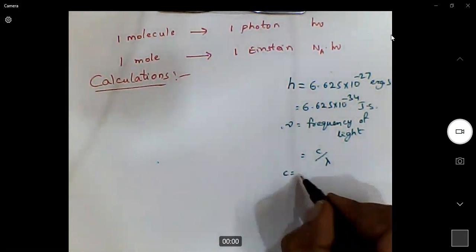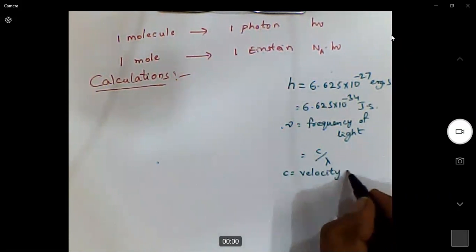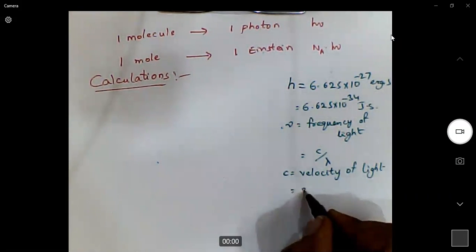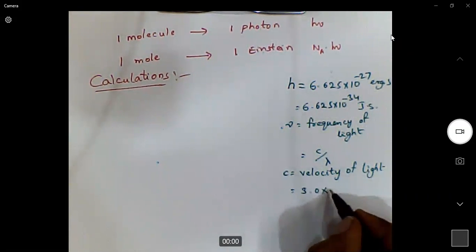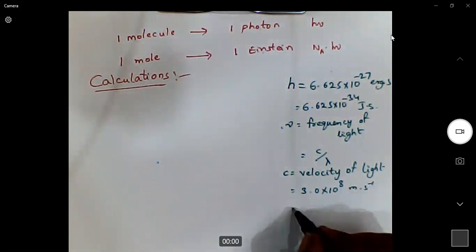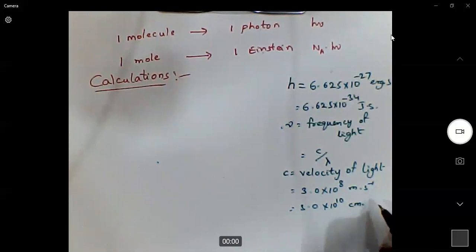Here c is the velocity of light. It is a constant whose value is 3 into 10 power 8 meters per second, or 3 into 10 power 10 centimeters per second.